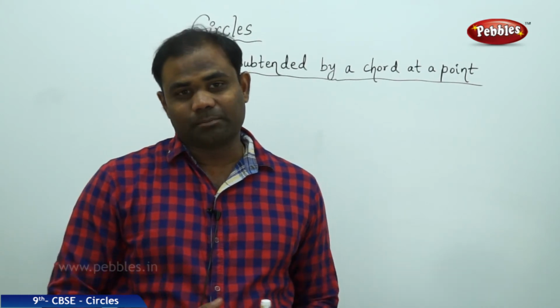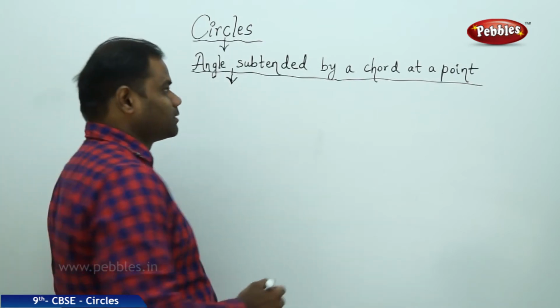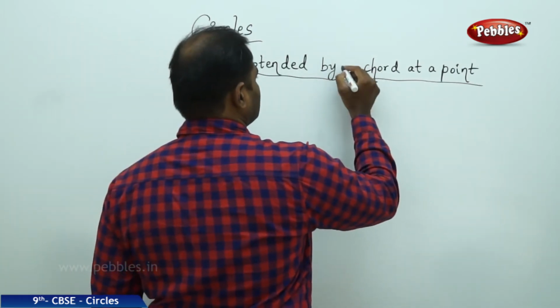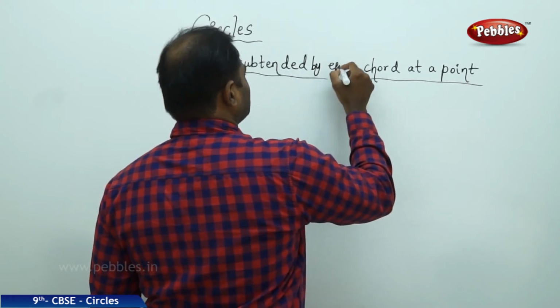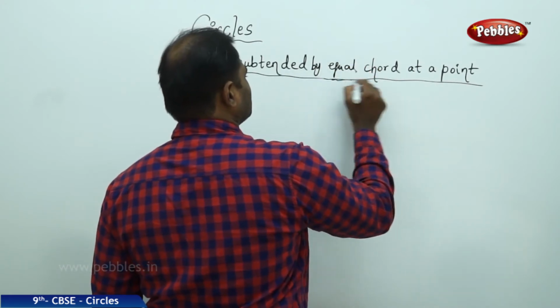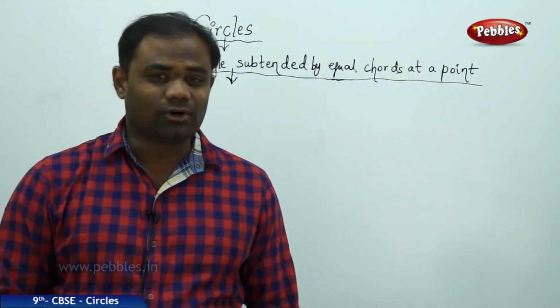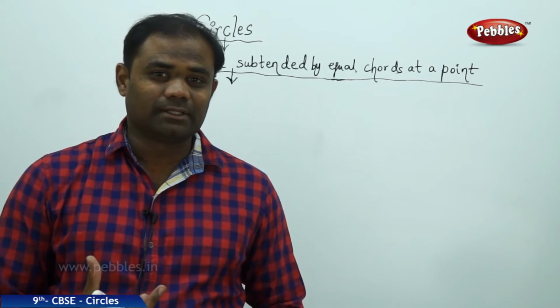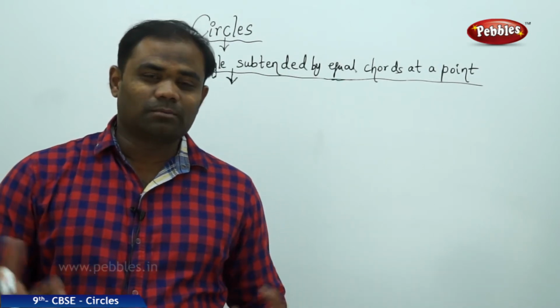Now that we have seen a property connecting angles subtended by equal chords at a point, we have seen that if two chords are of equal length, then they subtend equal angles at the center of the circle. Now what would be the converse?